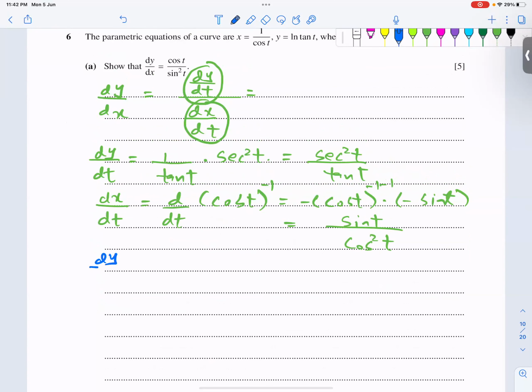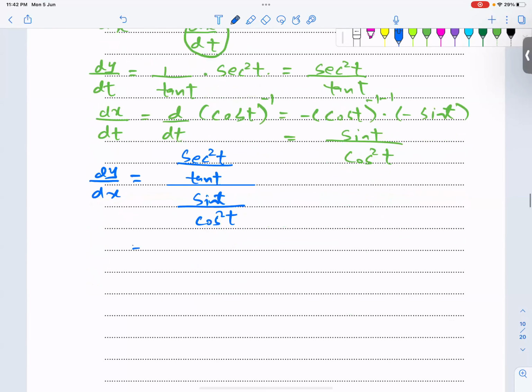So dy by dx is equal to dy by dt, that was secant squared t divided by tangent of t, whole divided by dx over dt, that was sine t divided by cos squared t.